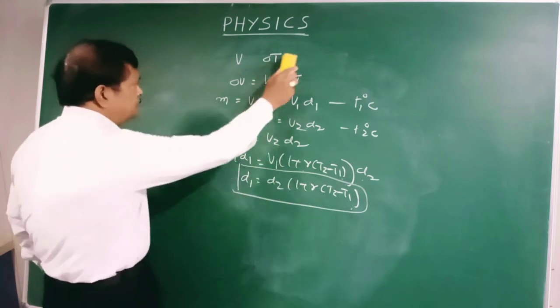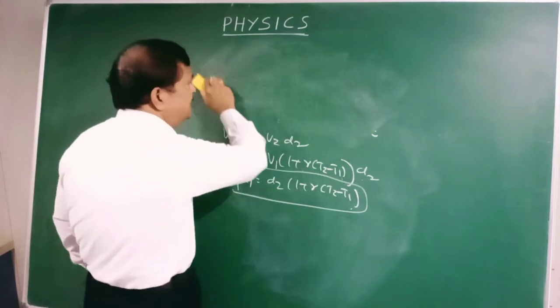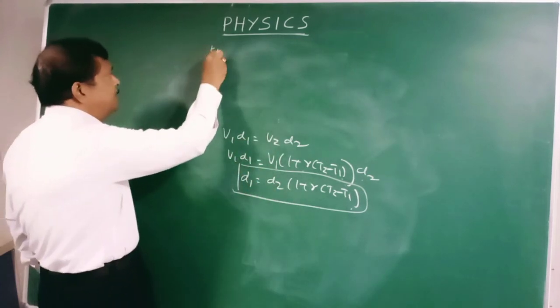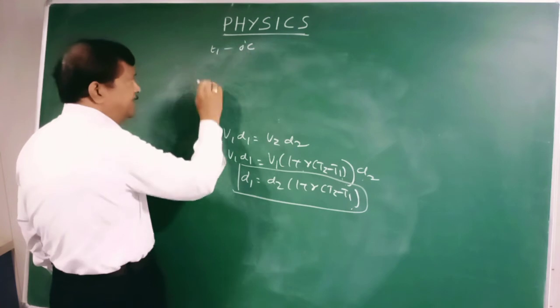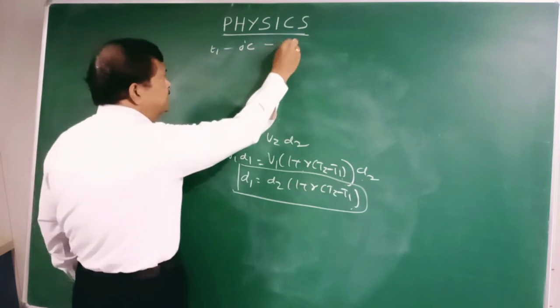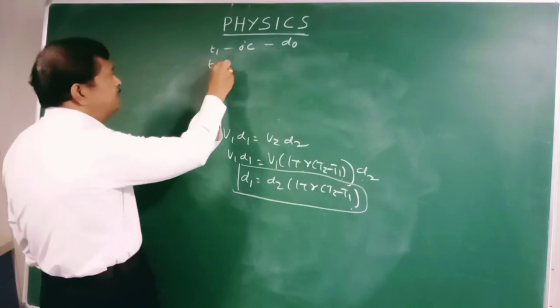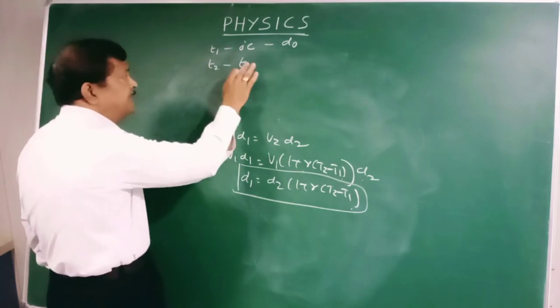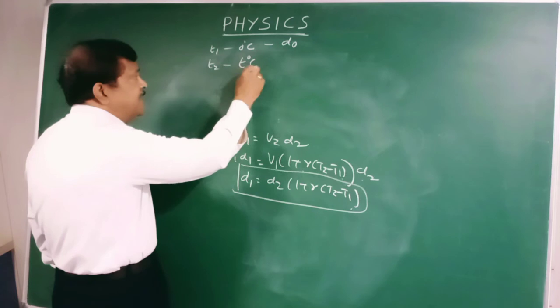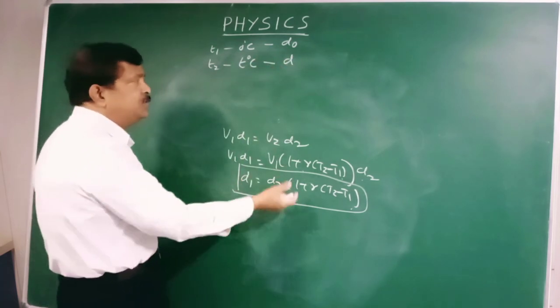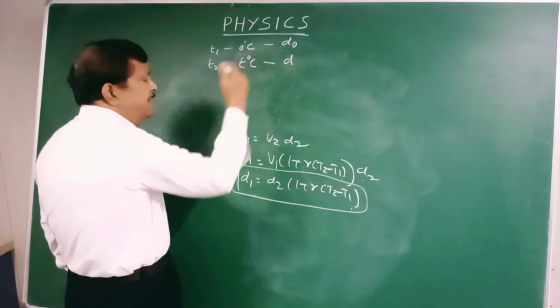Now, considering the initial and final temperatures, suppose I take the initial temperature T1 as 0 degrees centigrade and the corresponding density as D0, and the final temperature T2 as some T degrees centigrade, where the density is D. So in terms of 1 and 2, I am taking the symbols D0 and D here.